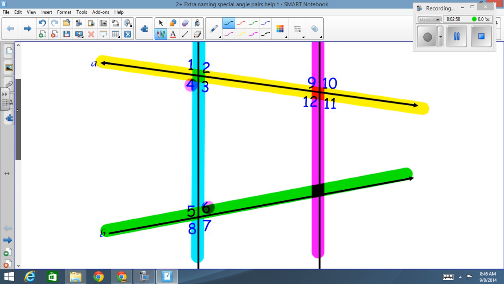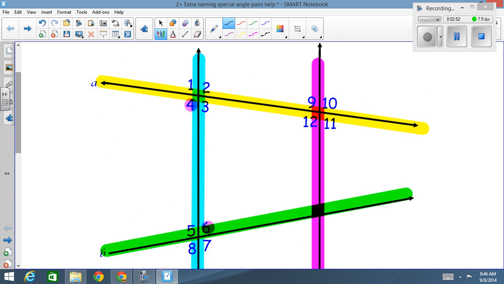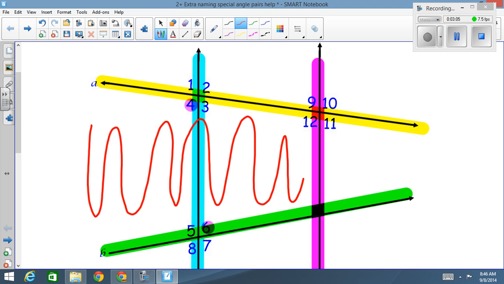The question becomes, what type of angles are they? Well, first thing you want to ask yourself is, are they on the interior or the exterior? If the blue line is our transversal, which it is, then our interior is everything in here, in between those two lines that the blue line cuts through. So that is our interior.